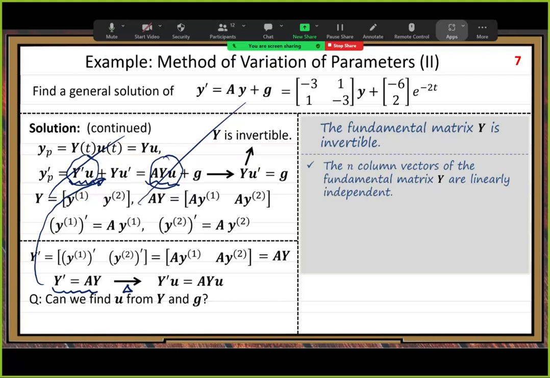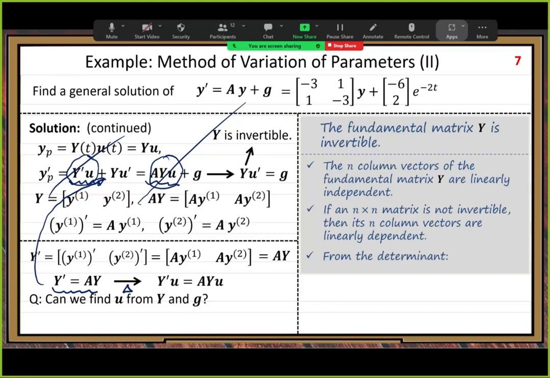So the n column vectors of the fundamental matrix Y are linearly independent. The Wronskian is non-zero, linearly independent. If an n by n matrix is not invertible, then its n column vectors are linearly dependent.